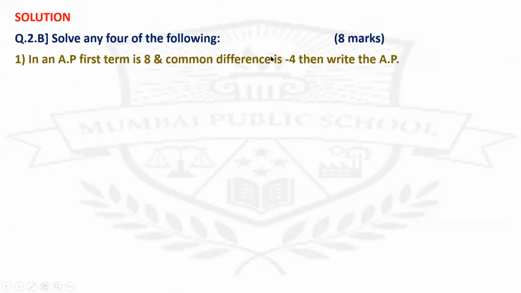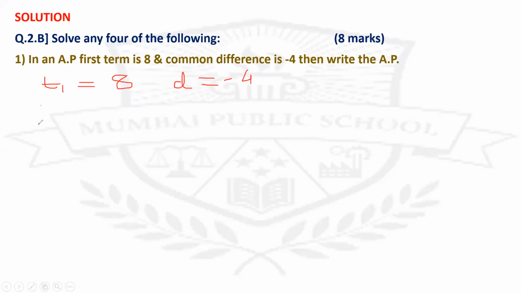Check. In an AP, the first term is 8 and the common difference is minus 4. Write the AP. Very simple question. First term T1 is 8 and the difference is minus 4.